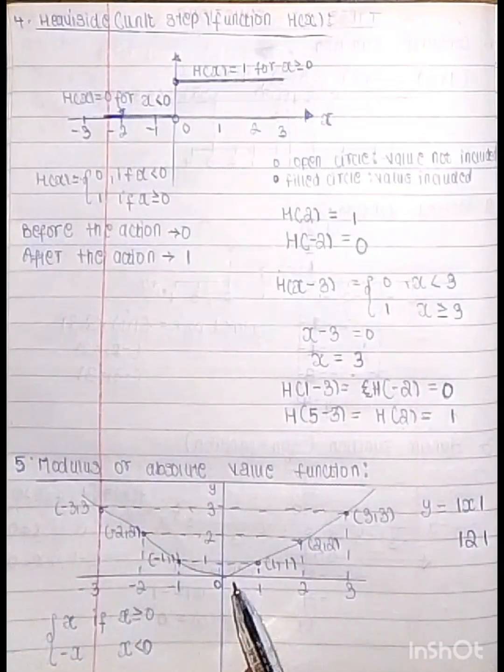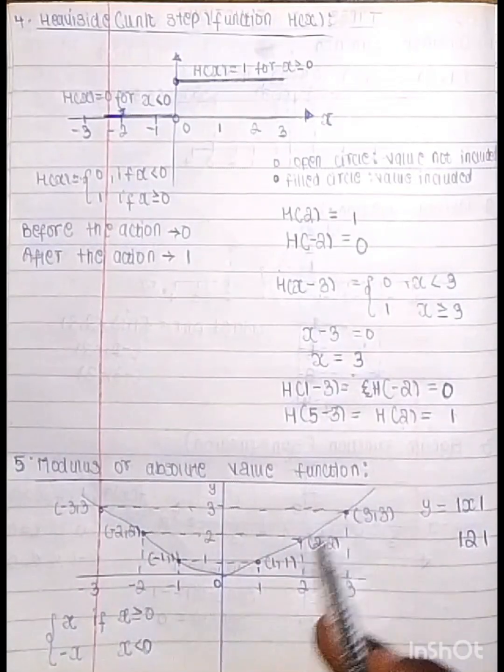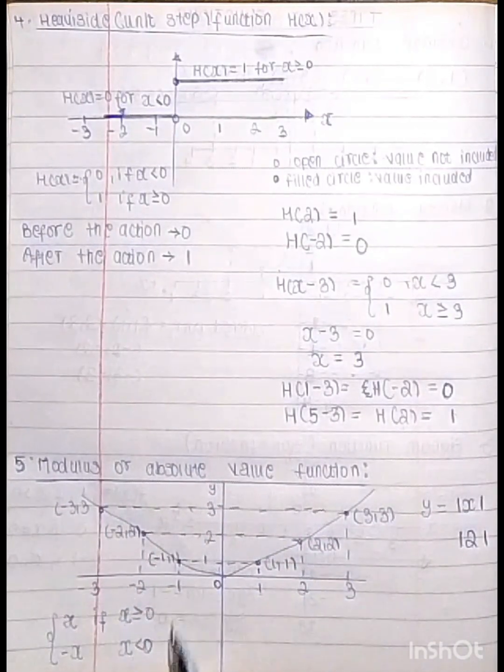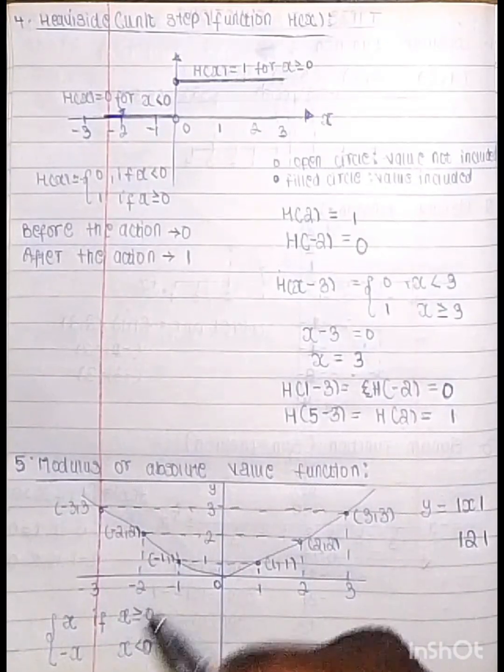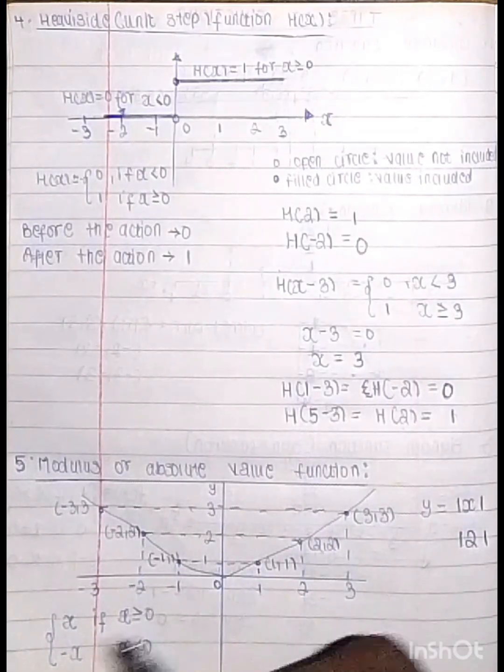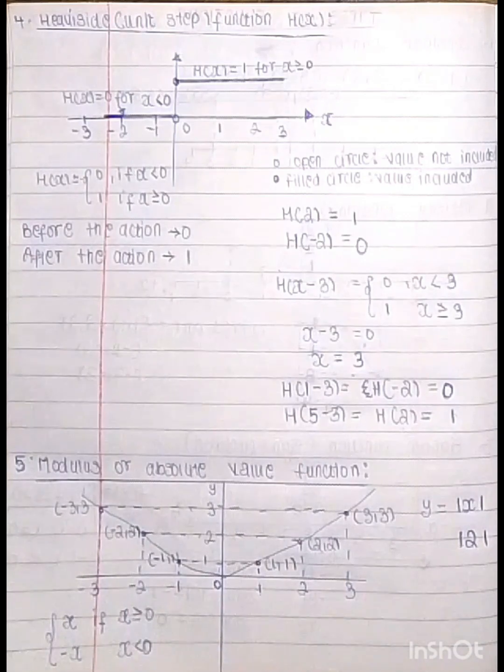Now, you see here, this is the graphical expression, and this is the mathematical expression of an absolute value function. It is just about the distance between a number and 0. Even if the number is minus 1, the distance to 0 is 1, not minus 1.